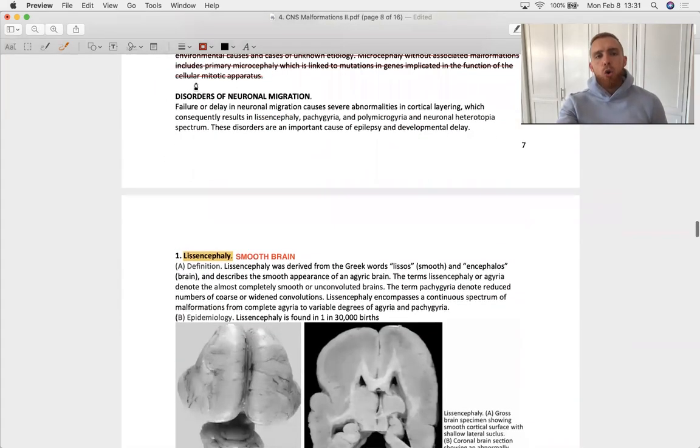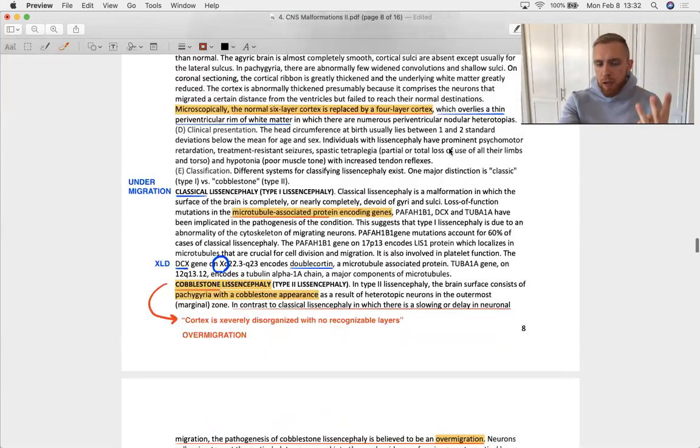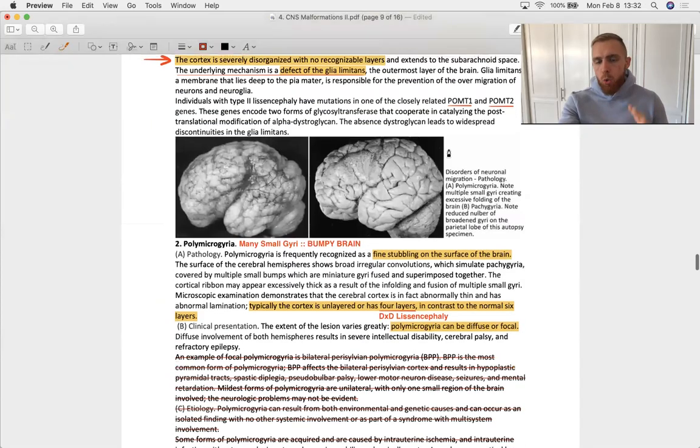Then we have qualitative neuronal problems, disorders of neuronal migration. This is a little tricky. There's 2 types of lissencephaly, and then there's polymicrogyria, okay? We're gonna chop this up as best as we can so that you can make this differential every time.